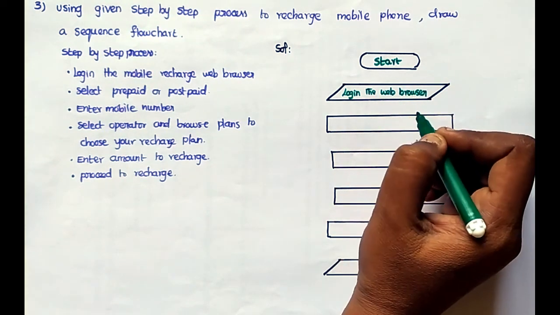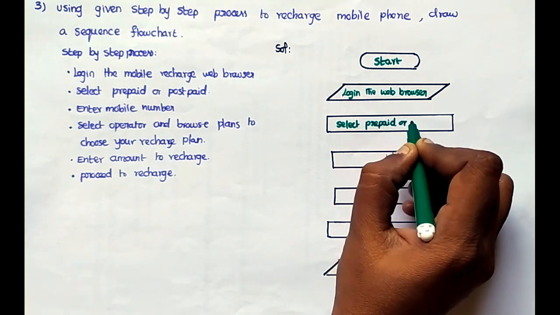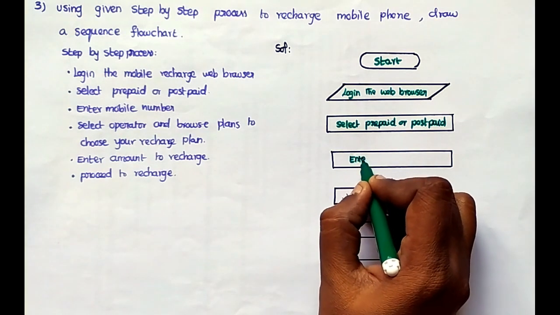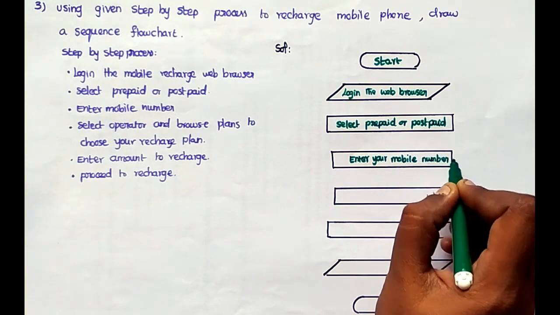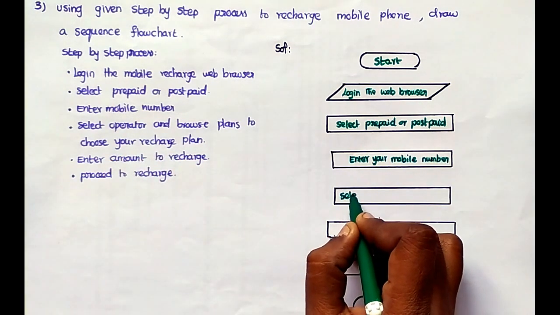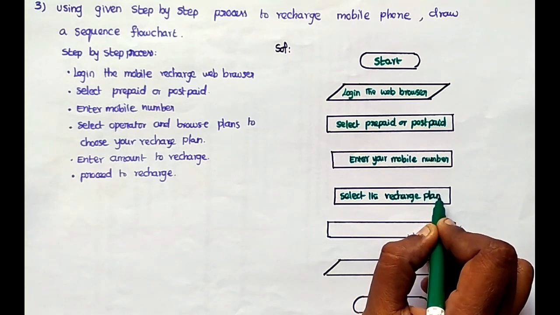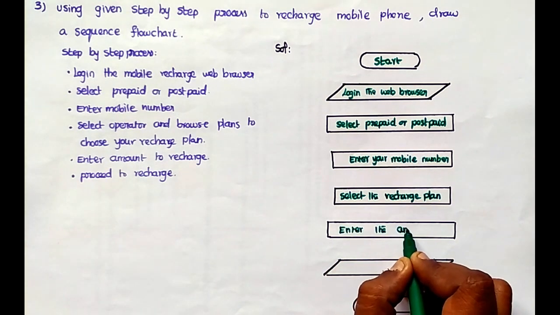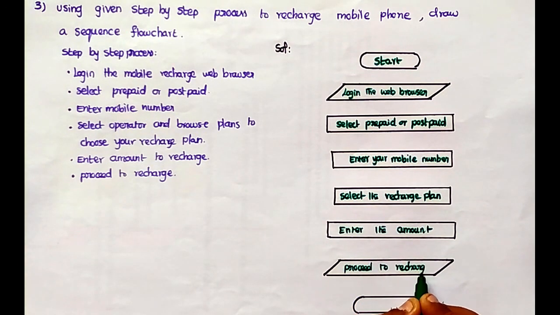Shortly you can write, and then select prepaid or postpaid, and then enter your mobile number, and then select the recharge plan, and then enter the amount, and then proceed to recharge, and then end.